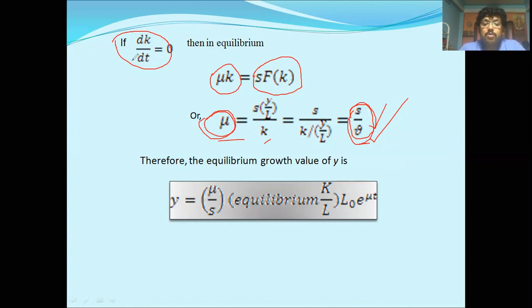Now, if one would like to increase the savings, it will not have any effect on mu, because mu is the exogenous exponential rate at which the labor force is increasing.